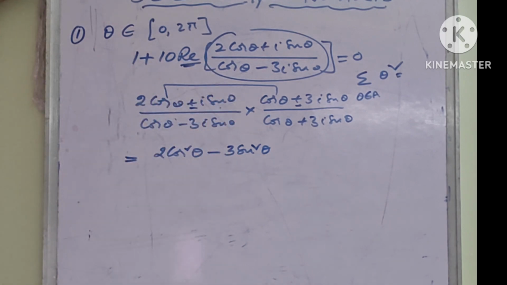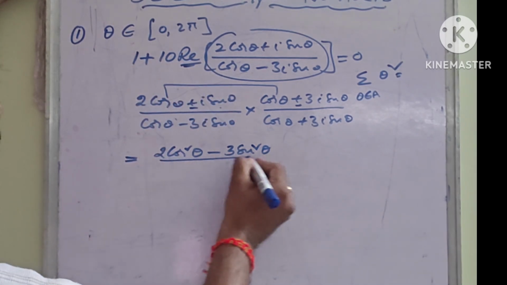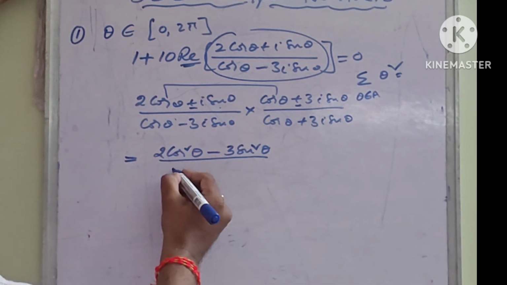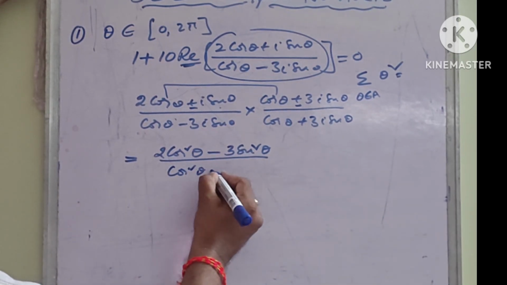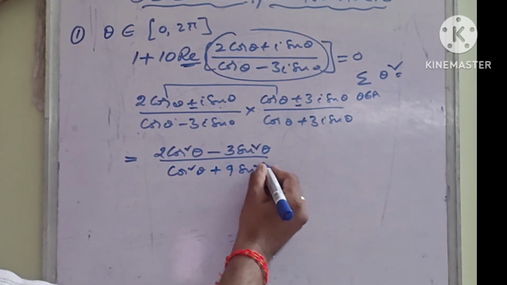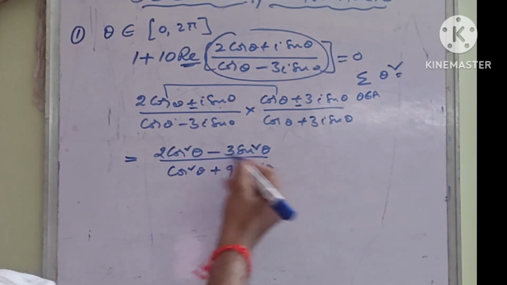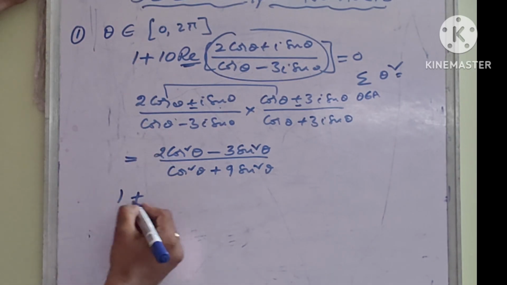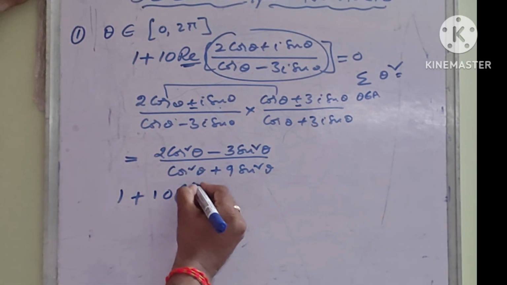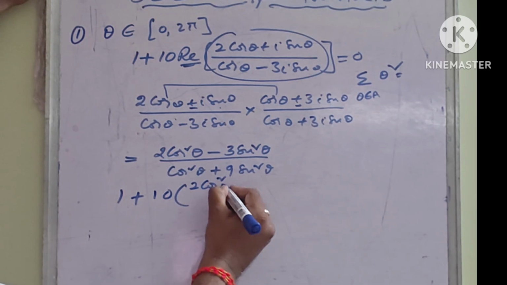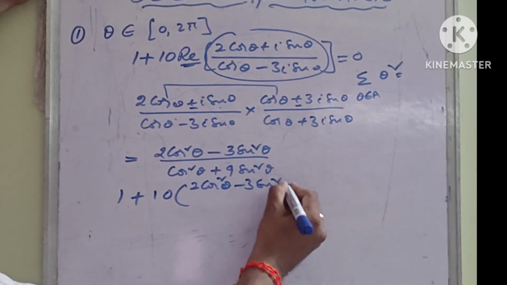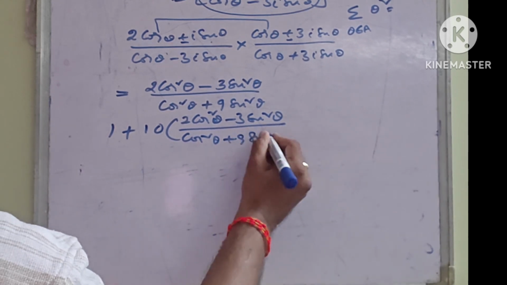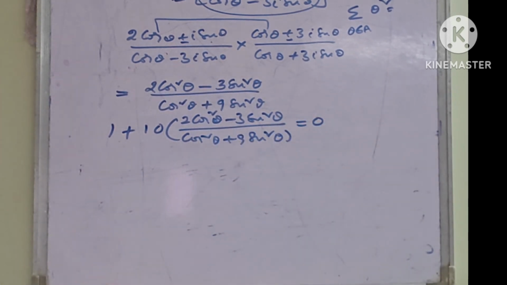Now this is the only real part. By here, (a minus b) into (a plus b), the denominator is cos square theta plus 9 sin square theta. So that is the only real part. The given problem, 1 plus 10 times the real part, is 2 cos square theta minus 3 sin square theta by cos square theta plus 9 sin square theta, equal to 0.